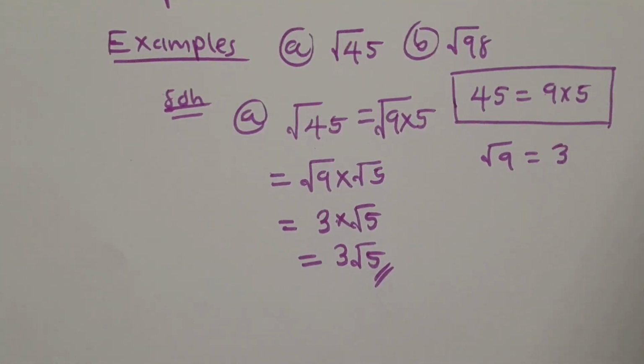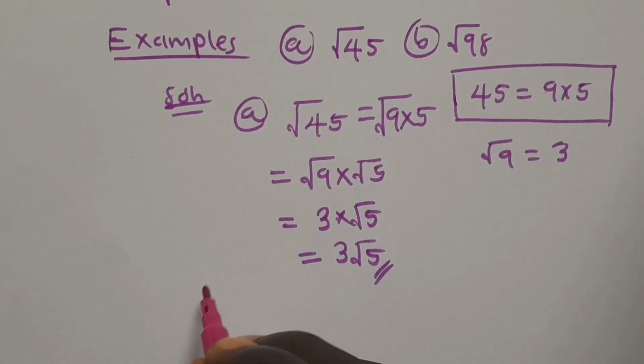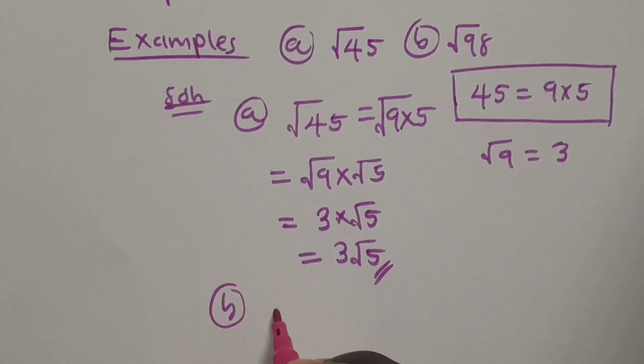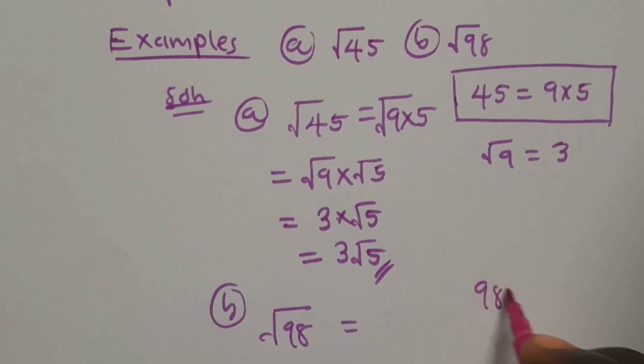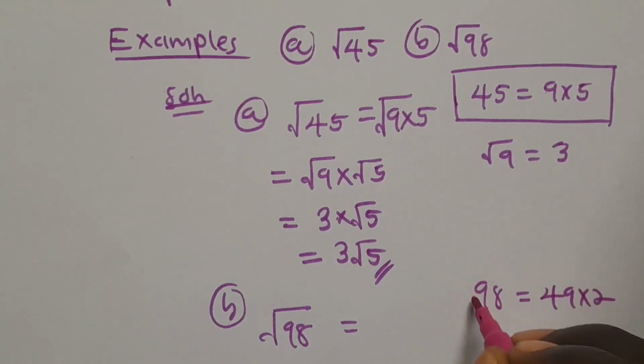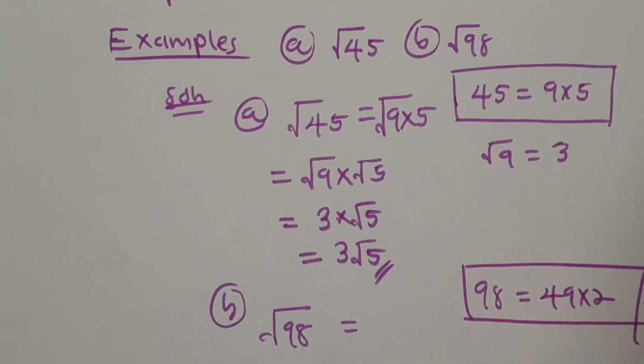So the second one, square root of 98. Note that 98 can be simplified to be equal to 49 multiplied by 2. So now let's substitute it here.